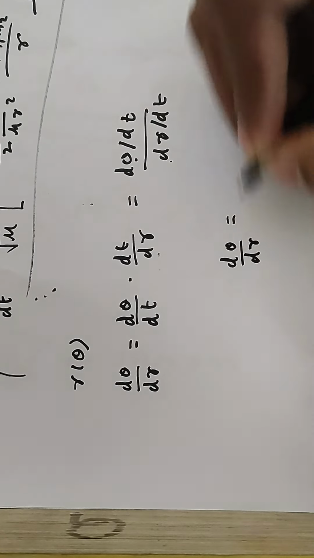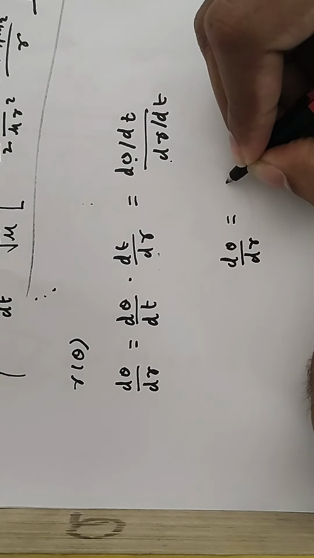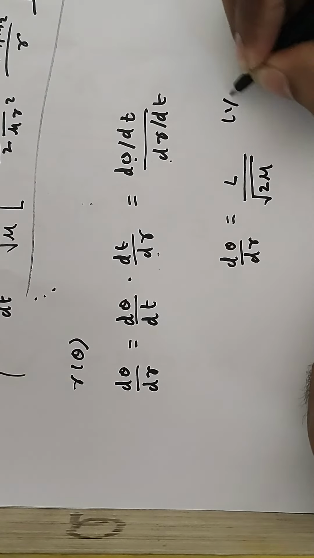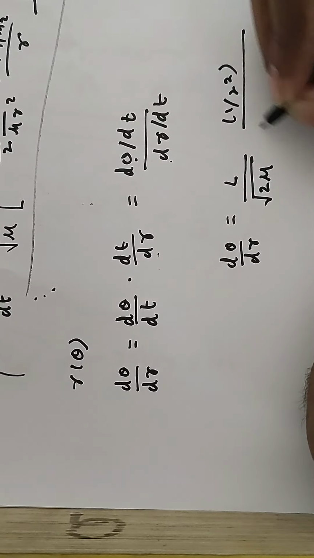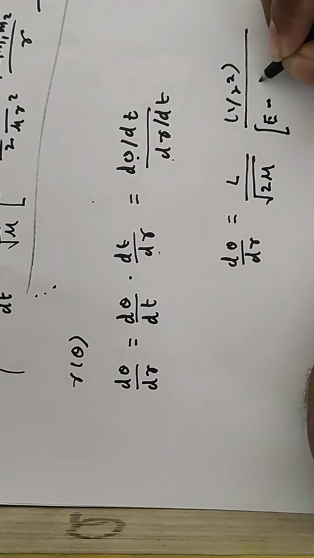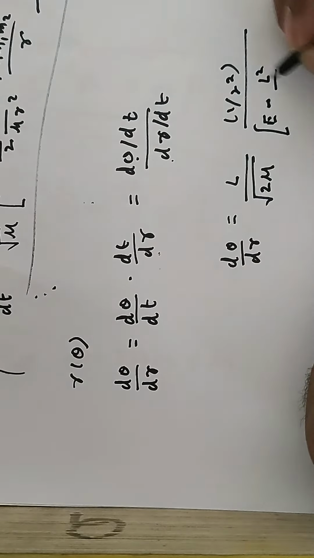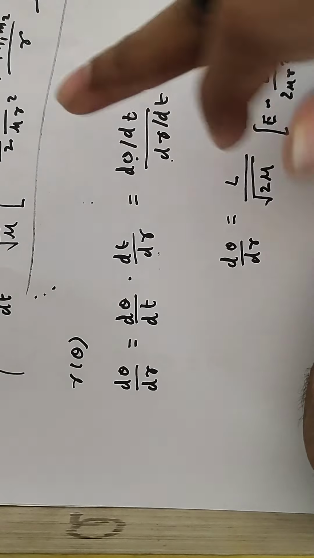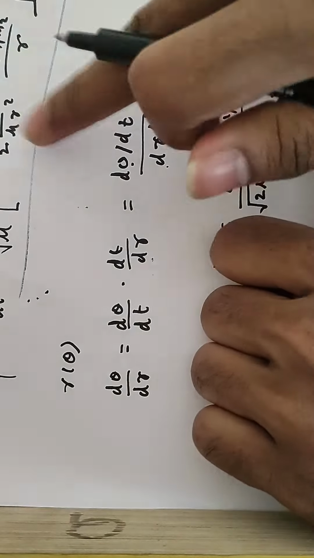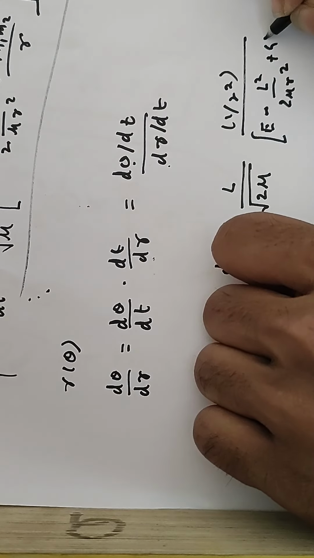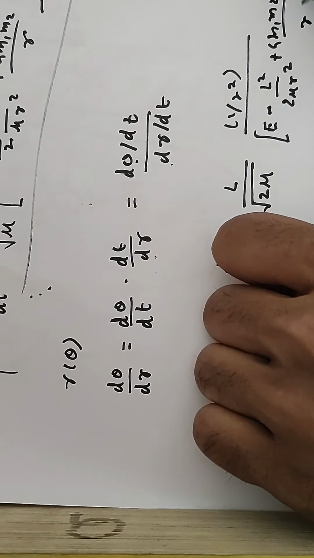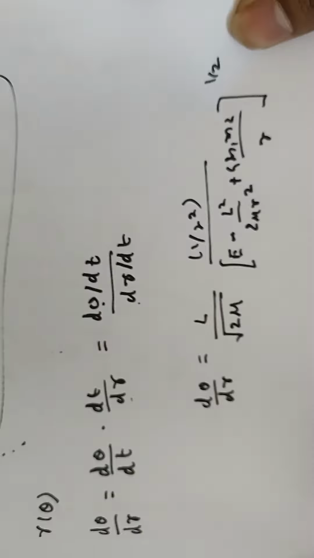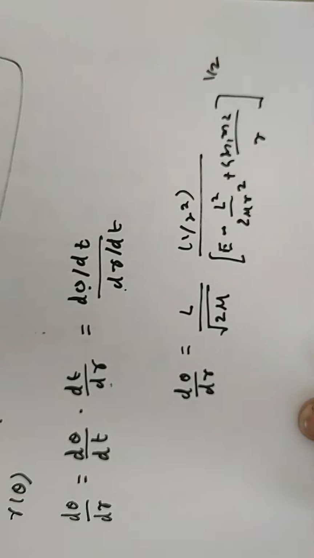d theta by dr is equal to L upon under root 2 mu. You can see it's not that difficult. Upon E minus L square upon 2 mu r square plus G m1 m2 upon r. So this is our equation.